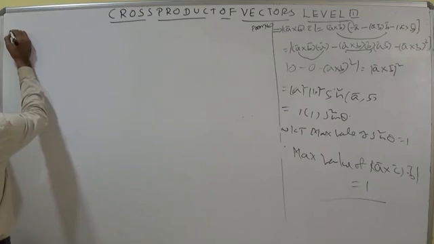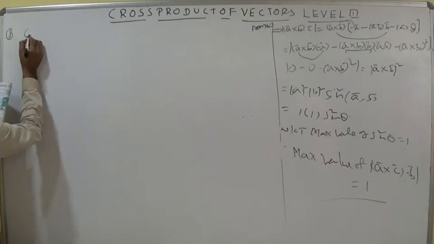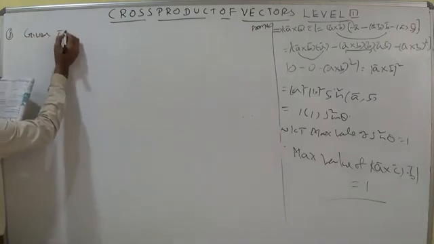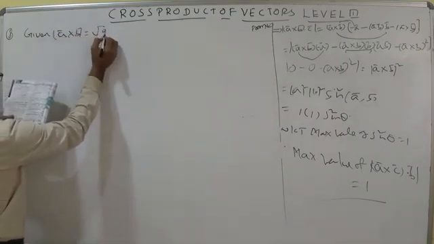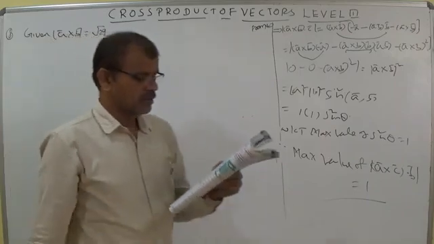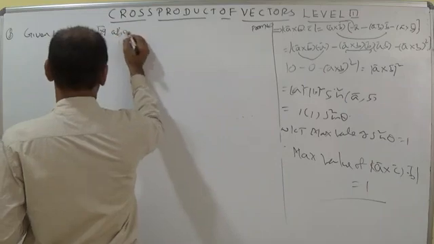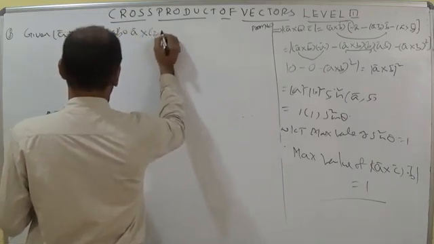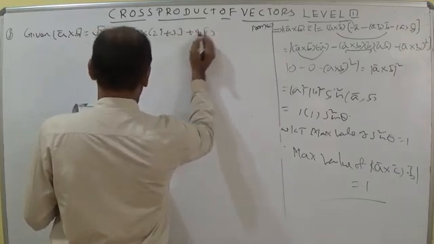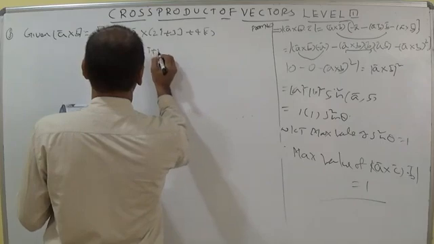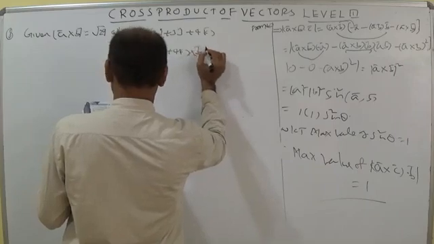If A bar and B bar are vectors such that, given condition modulus of A cross B is equal to root 29. Also A cross of a vector given 2i plus 3j plus 4k is equal to 2i plus 3j plus 4k cross B bar.